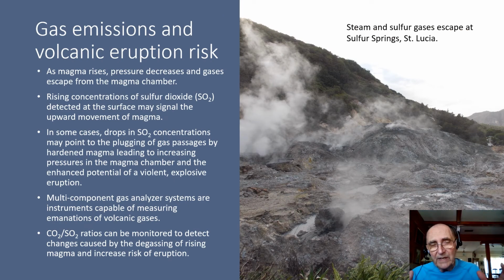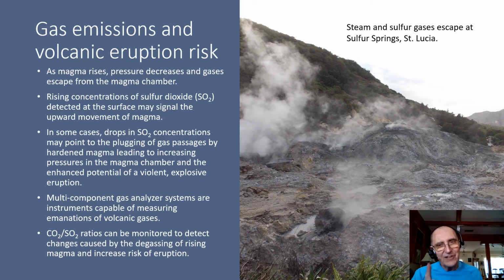Another way in which we can try to predict an upcoming eruption is by monitoring gas emissions in the vicinity of volcanic cones. As magma rises, pressure decreases and gases tend to escape from the magma chamber. Therefore, rising concentrations of sulfur dioxide detected at the surface may signal the upward movement of magma.